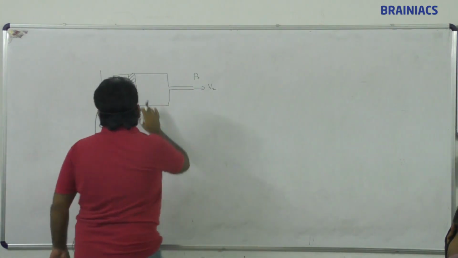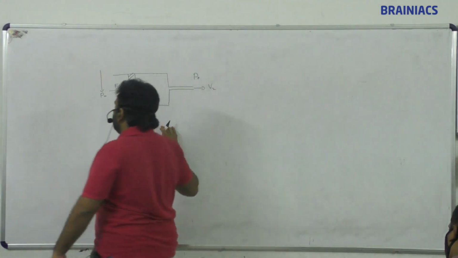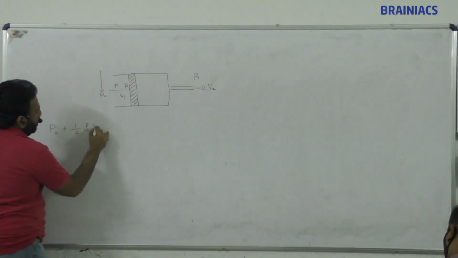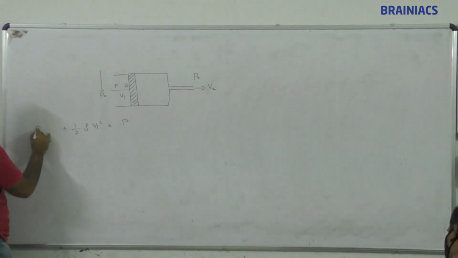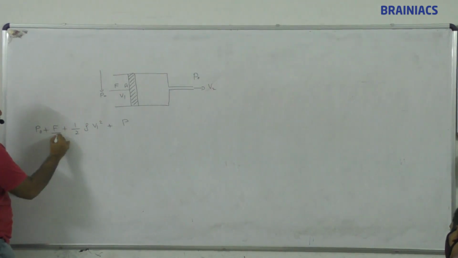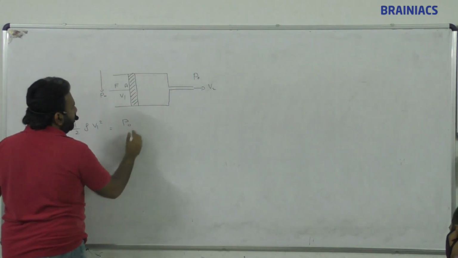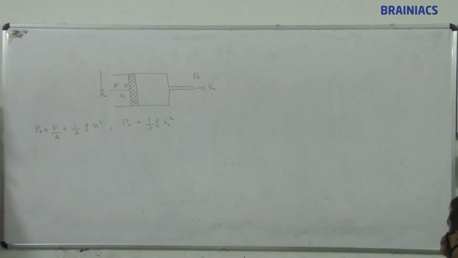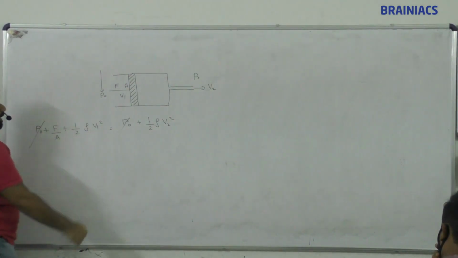The center of this and the center of this are both at the same height, so we need to consider only Bernoulli's theorem: P naught plus half rho V1 square on this side equals P naught plus F by A, force is also there, and on that side P naught plus half rho V2 square. So this P naught we cancel.